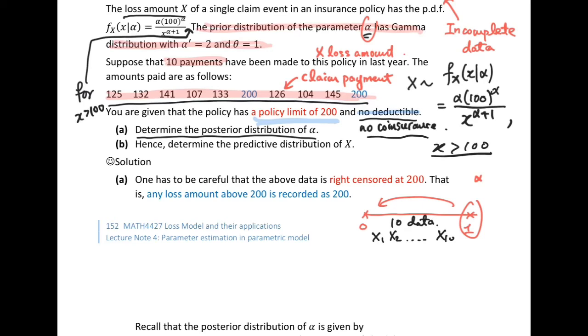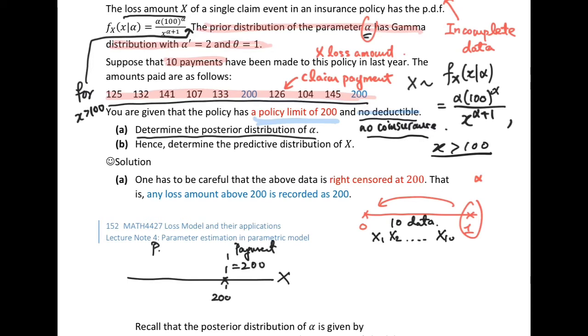Remember that under the policy limit, if your loss amount is greater than 200, then the claim payment will be 200.